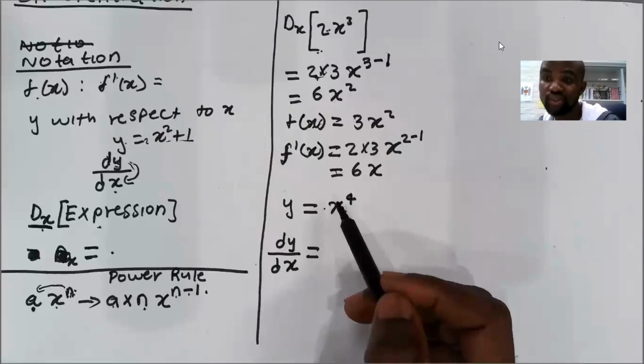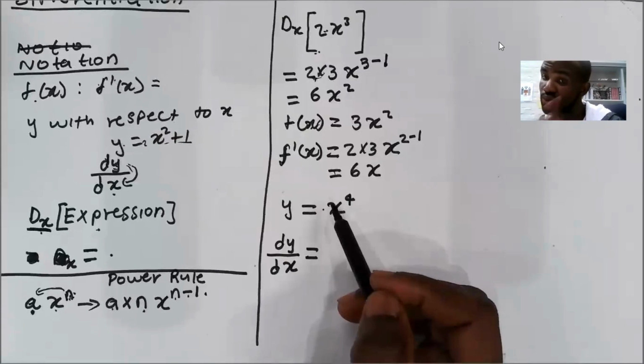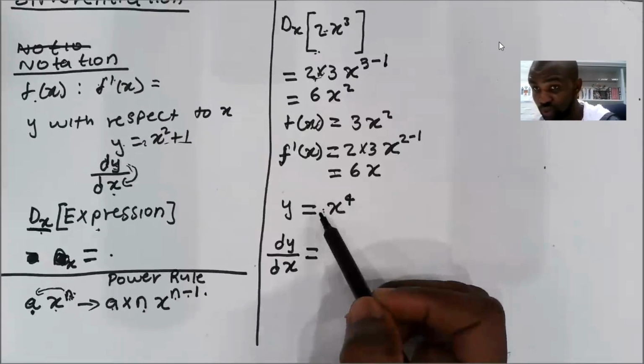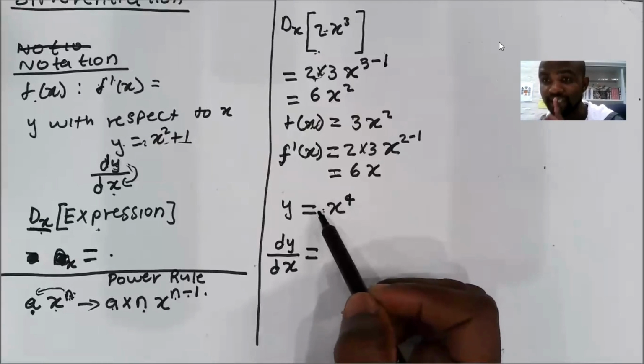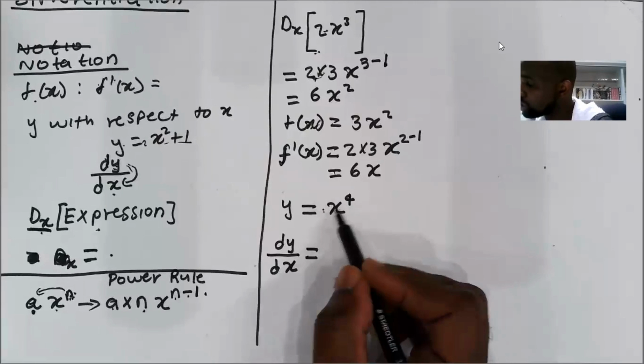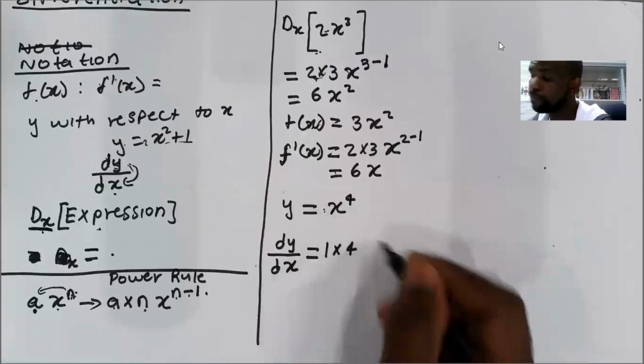But now, if there is no number, there is a number, which is 1. You must always know 1 is there. Make sure you don't forget that. So it's going to be 1 times 4, x.